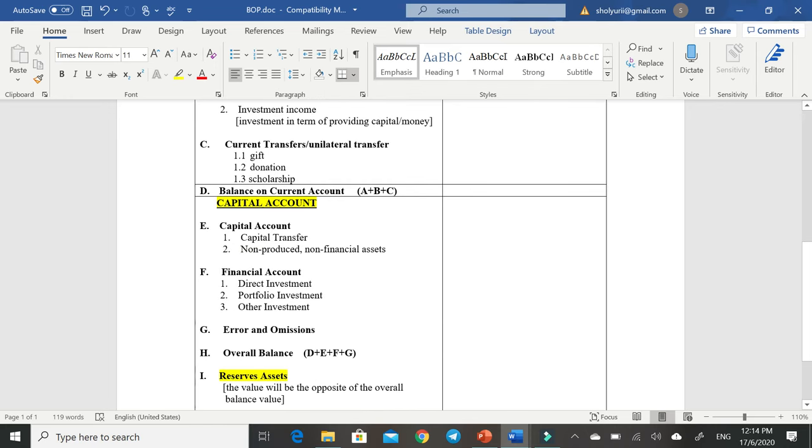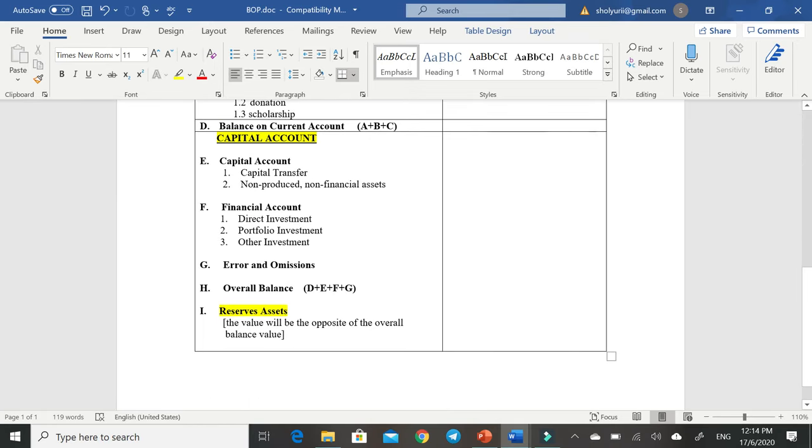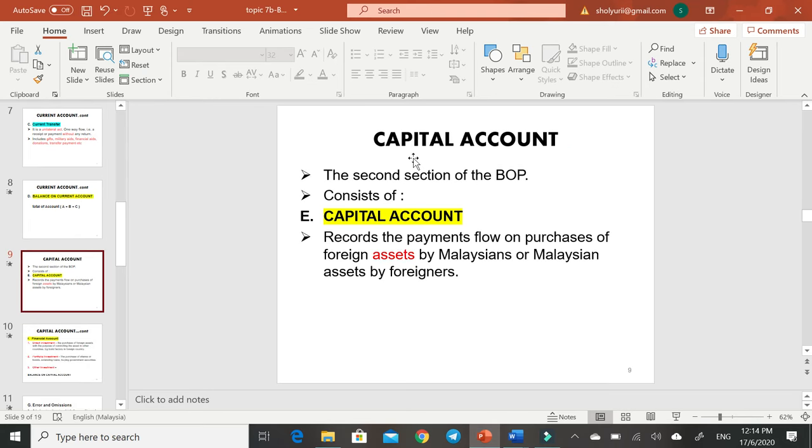And the second one, the account under the balance of payment is the capital account. Okay, so what does it mean by capital account? The second section of BOP.